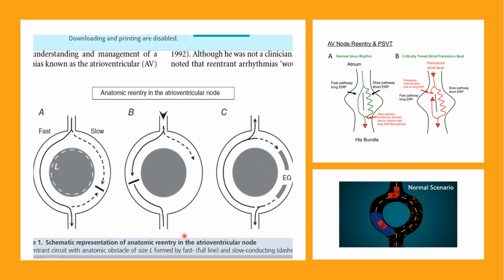And when the impulse comes to this juncture, it will try to again move through this obstacle which was initially at the refractory stage. Now when it comes after moving through the other side, to this juncture, it sees that the original spot is now in an advanced state of recovery.